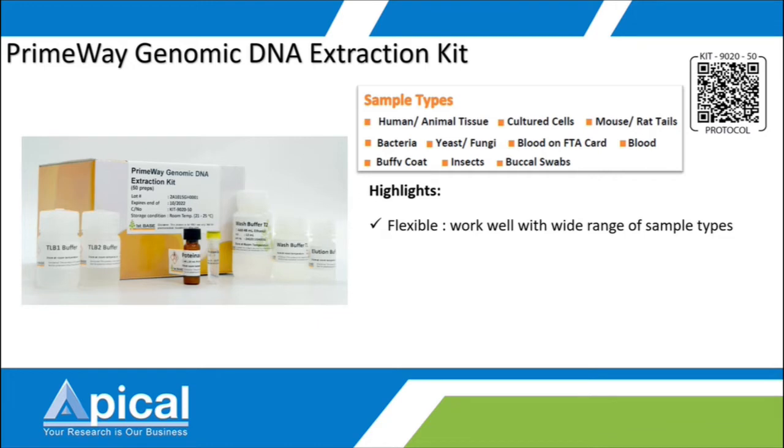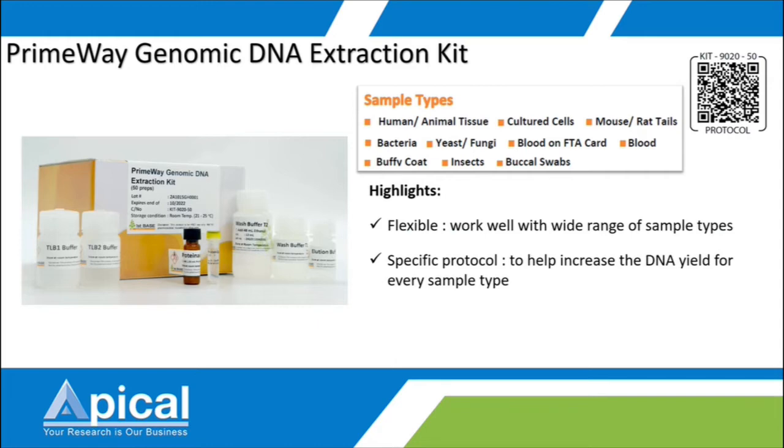And also you can extract DNA from insect and buccal swab using this kit. There are specific protocols to help you determine maximum yield and purity, especially designed for each sample type. So there will be 10 protocols which are specific for these 10 sample types.